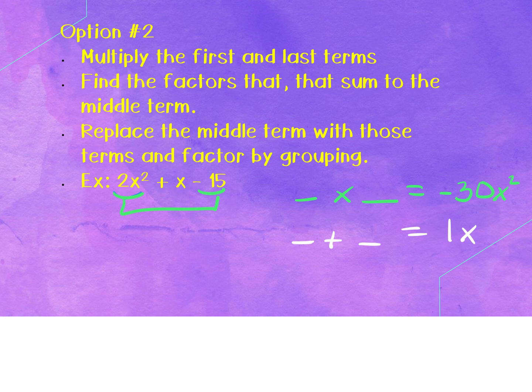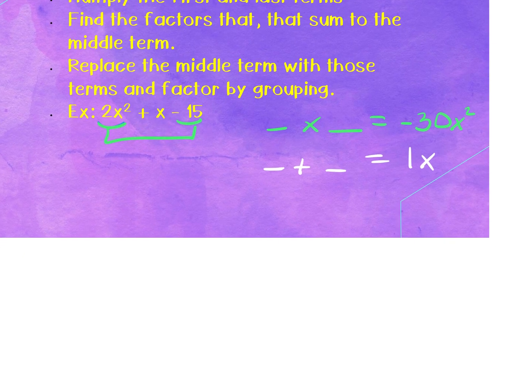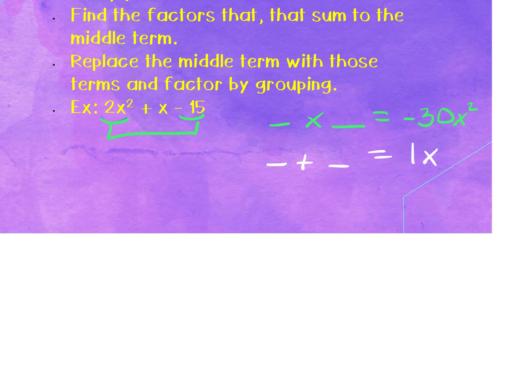So I'm going to start my organized list of the factors of negative 30x squared. Now, technically when you're listing these factors, because you're going to end up with a bunch of x's, you could just focus on the number part. But essentially what you should be doing here is going through, the sign should be opposite, and then the sign of the bigger number is the sign of the middle.